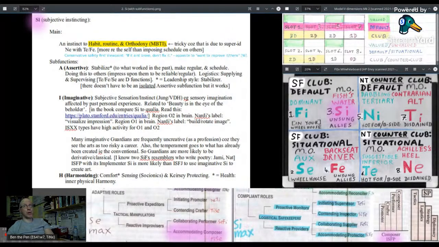So if you're an ISFP and you're core 4 fixated, there's going to be a predisposition towards music and art. And that's probably going to draw on the SI, probably on the NI as well, but we'll get there later.